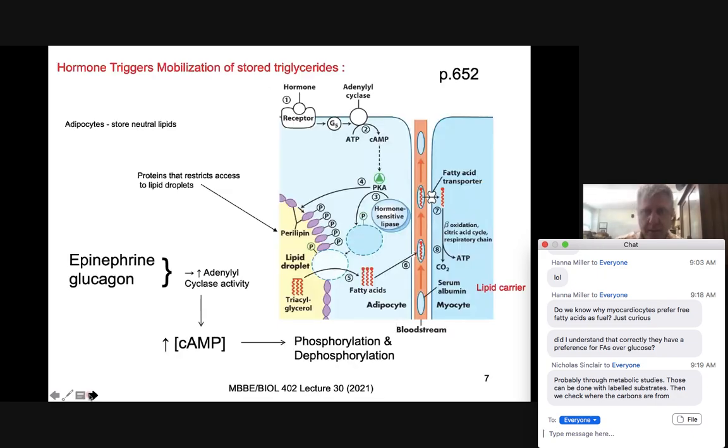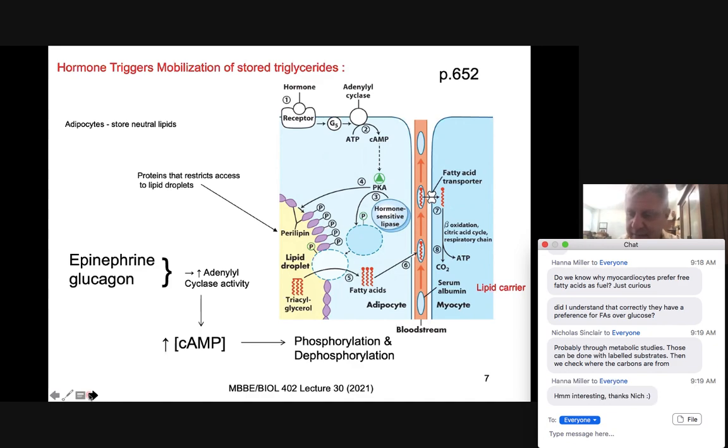So I'm also going to introduce to you our hormonal component, our GPCRs, that play a role in regards to the degradation, mobilization and transportation of fatty acids. So again, we see this interconnectivity that we have experienced in the past regarding the GPCRs, the adenyl cyclase and cyclic AMP.